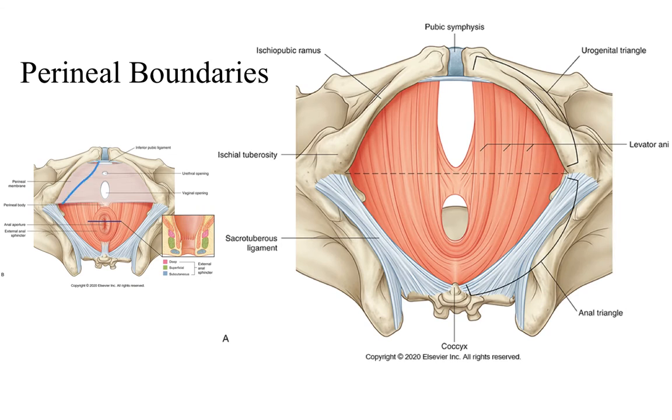All right, the perineal boundaries we've kind of already talked about. That consisted of the urogenital triangle as well as the anal triangle here.